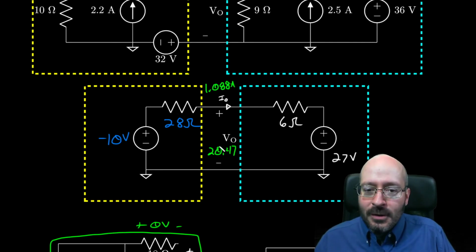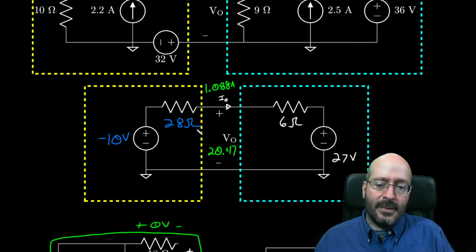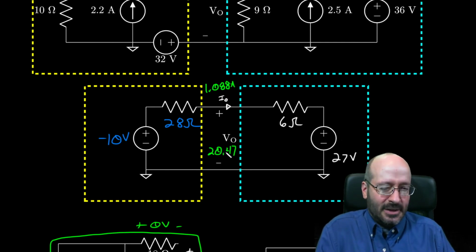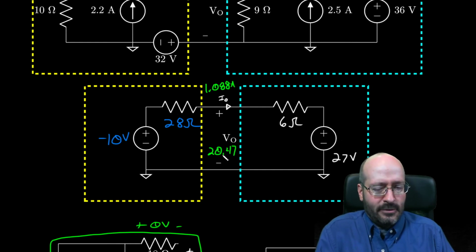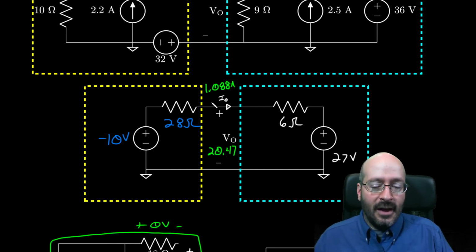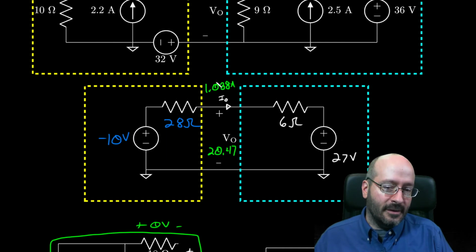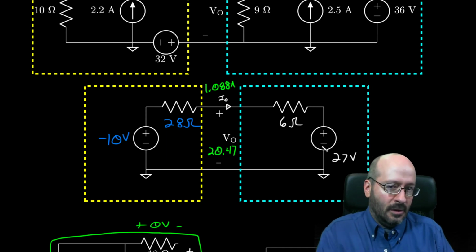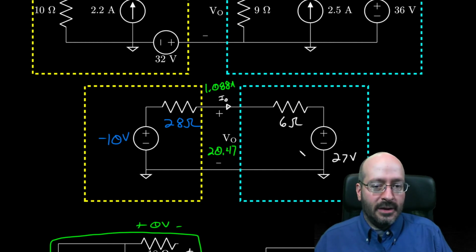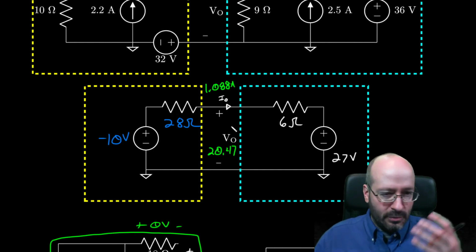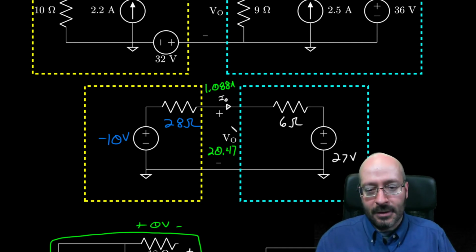Abusing my microcontroller example, that would be the voltage that might be read by an analog to digital converter, although that's a very high voltage for a microcontroller. And this would be the current that the microcontroller would need to supply to the load circuit in order to get a good reading and have it function properly, something along those lines.